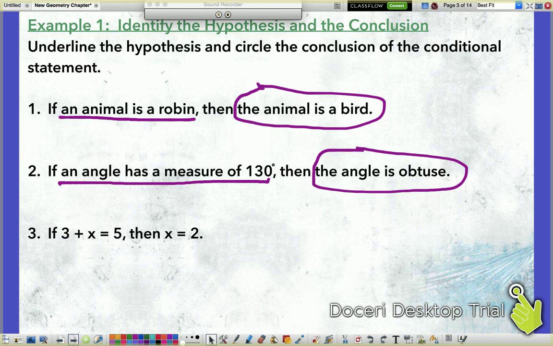It's really just as simple as that. Okay, if 3 plus x equals 5, then x equals 2. Okay, here's my hypothesis. Here's my conclusion. Okay, make sure that you don't circle then for the conclusion and you do not underline if for the hypothesis.